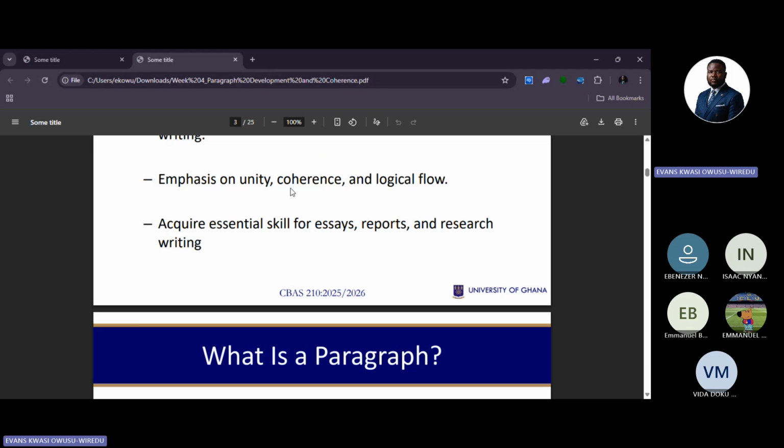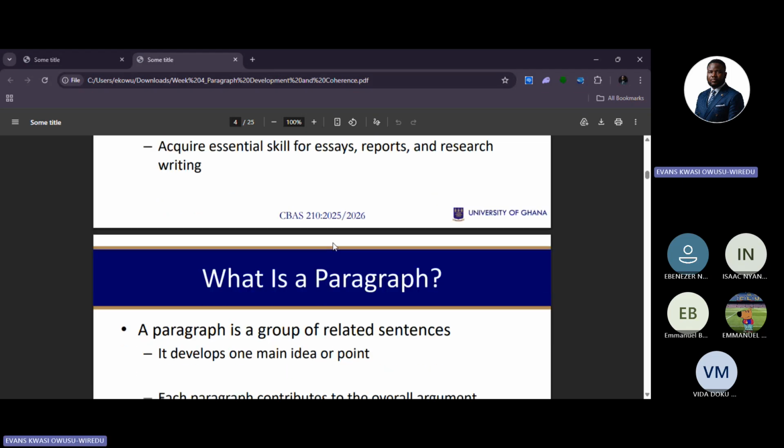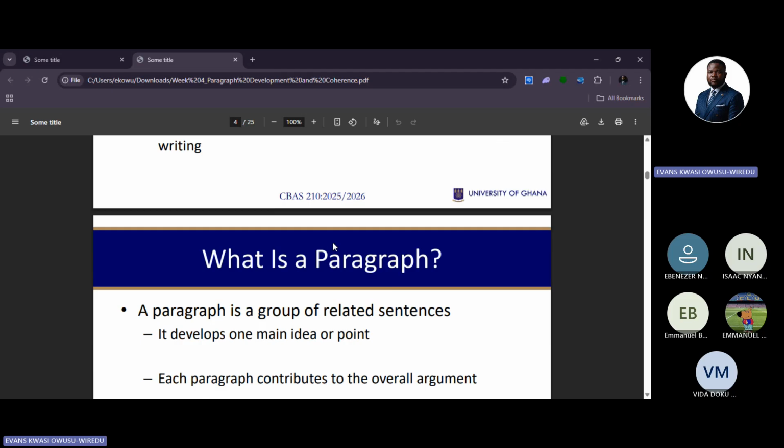On these 25 sessions. Okay, so a paragraph is a group of related sentences, and it develops one main idea or point. So as we began by saying that academic texts begin with an idea, and then we construct those ideas into text, right? And then we bring our ideas into reality, right? And we allow people to debate before we conclude, right?